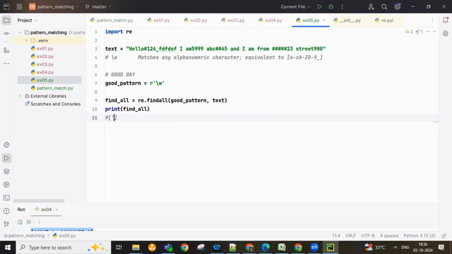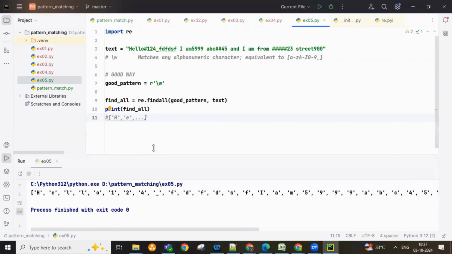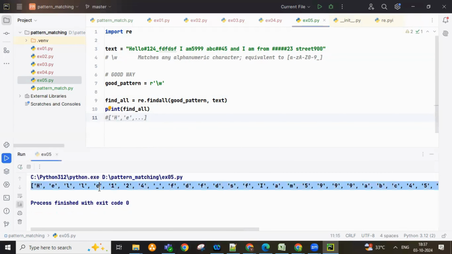So meaning something like this. H, got it? Let's keep going. Understood? This is how it is.